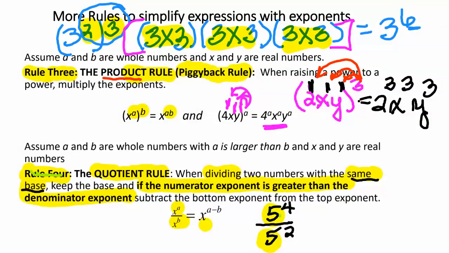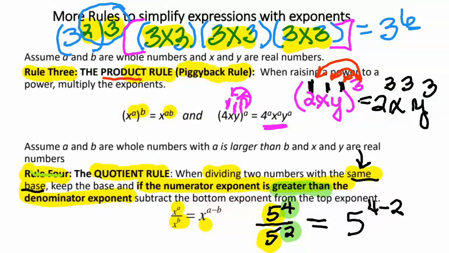This exponent 4 is in the numerator. It is greater than the denominator exponent. So what I'm going to do is take the 5, which is the same base, but I'm going to take 4 and subtract 2, which gives me 5 squared.